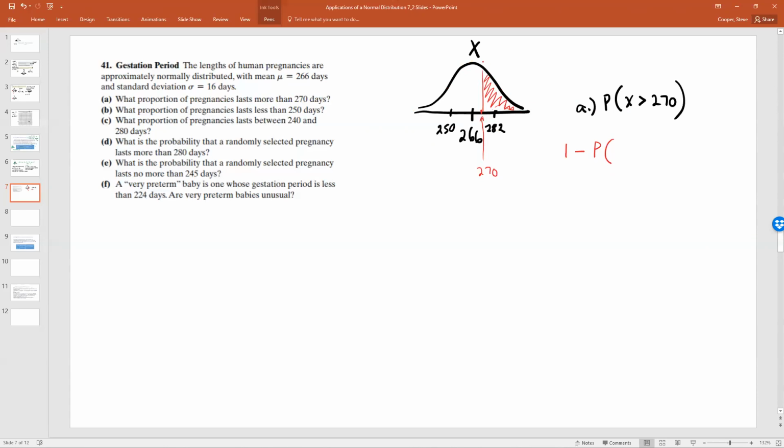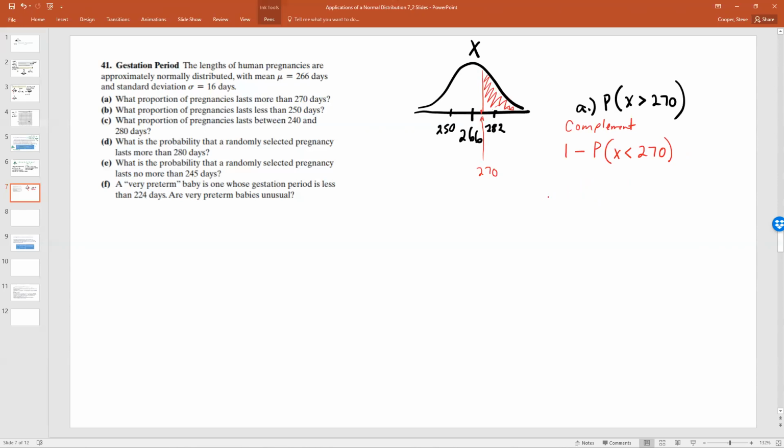And so we'll take the total area and chop off the other side of this to get a right-hand side. So we're just using a complement. So if I take 1 minus the probability that x is less than 270, I have my result here for part A.